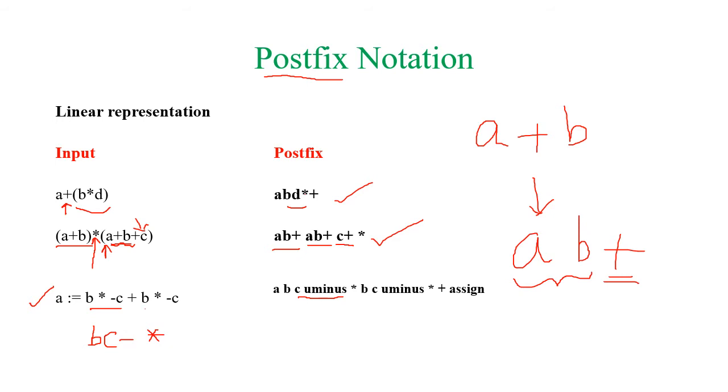Now we can convert this portion, and here again C U minus, then we can handle this star, so we get B C U minus star. Then we have to handle this plus, since we got both operands here, we put plus here. Now the operator is assignment. The first operand is A and the second operand is this one, and the operator is assignment.